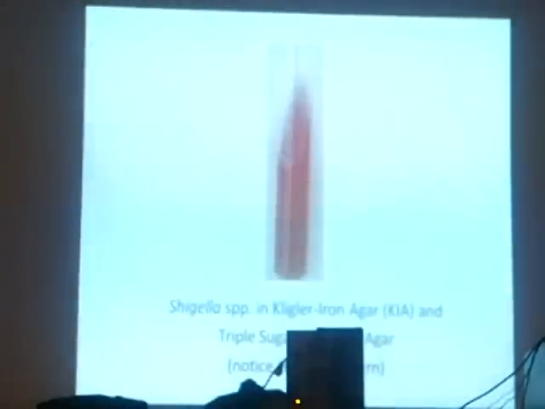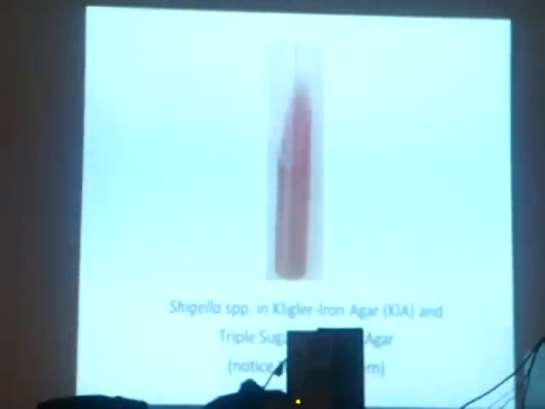Now, E. coli is a glucose fermenter, lactose fermenter, non-H2S producer. So it will give us A over A. Now, Shigella, in Kligler iron agar and TSI, will give us K over A in both. Red slant and yellow butt.